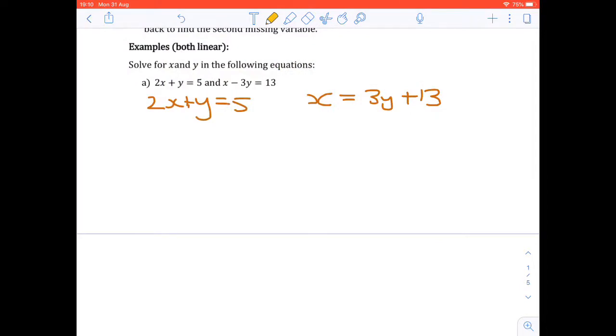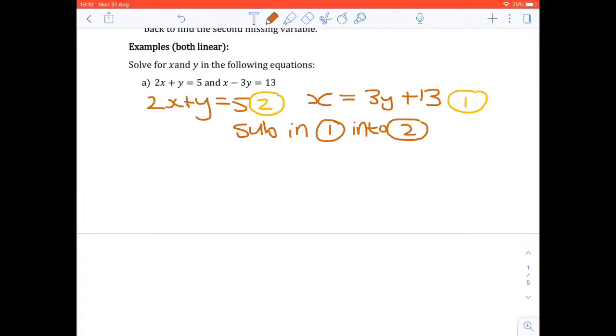I'm going to label the one that I've made the subject of a single variable 1, and the other one is going to be 2. Then you write out an instruction: sub 1 into 2. This tells your marker that you're now substituting equation 1 into equation 2.